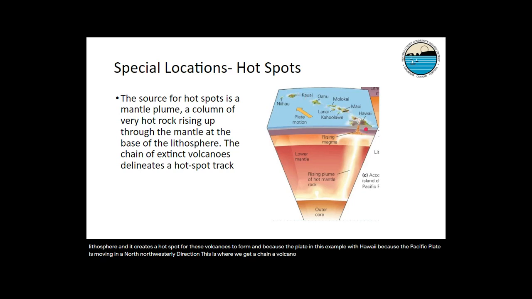When we say a chain of extinct volcanoes, we mean that further away islands like Kauai and Oahu are no longer volcanically active, but they once were. Because the plate has been moved along this hotspot, this is where we get the chain of islands. And now the island of Hawaii is volcanically active.